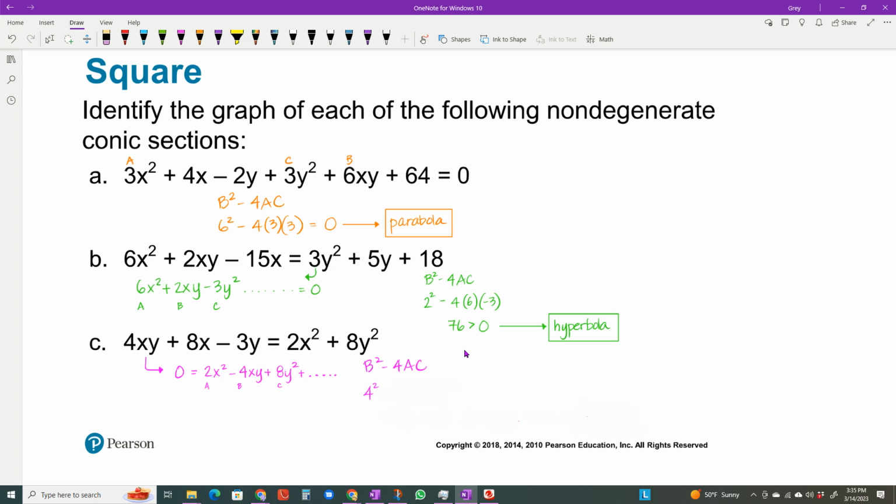So 4 squared minus 4 times a is 2, and c is 8. And that is negative 48, which is less than 0. So then I go back and look at my a and my c value. A is 2 and c is 8. So since A does not equal C, then we have an ellipse. If they were equal, we would have a circle.